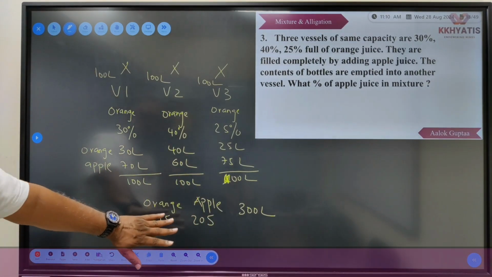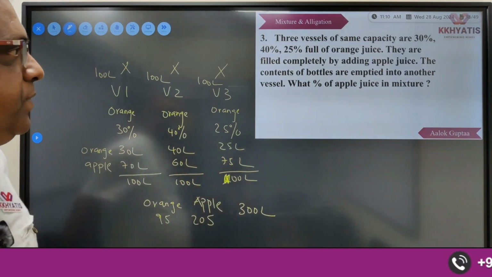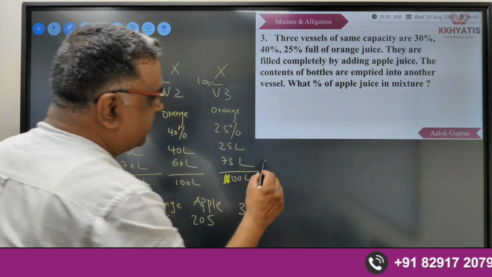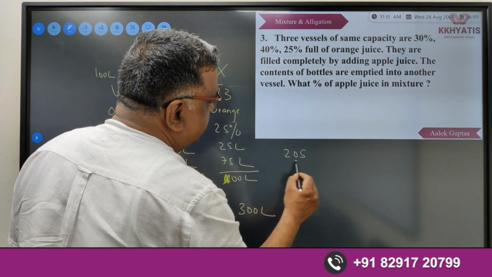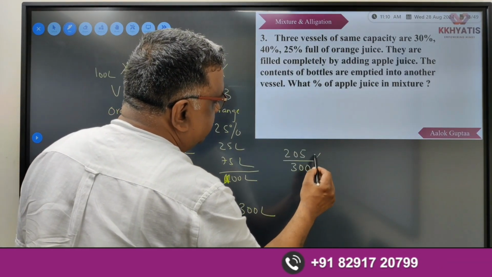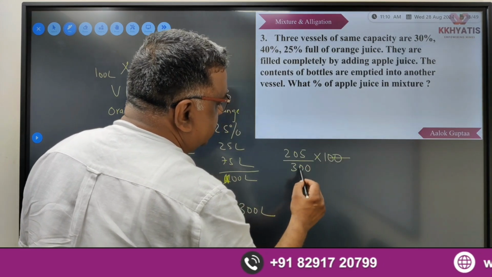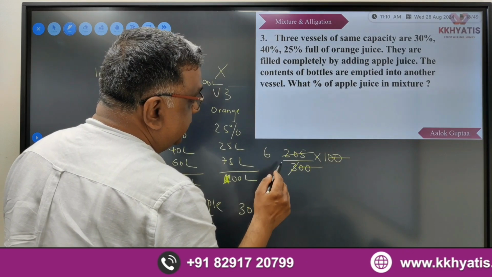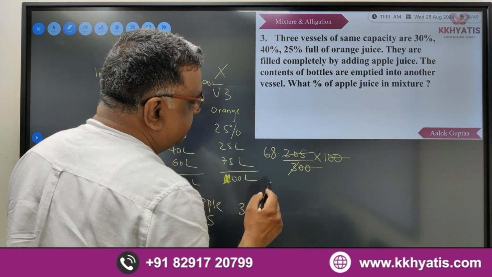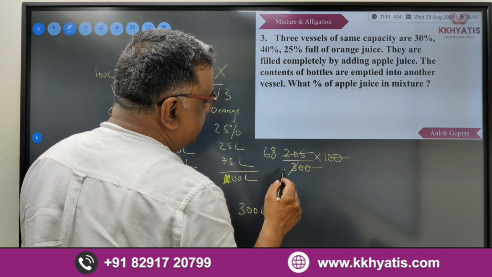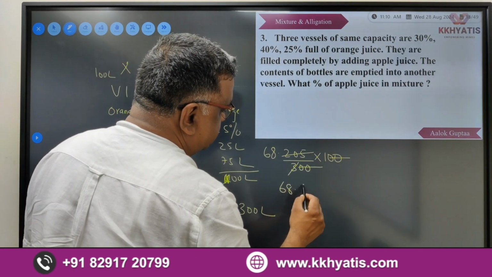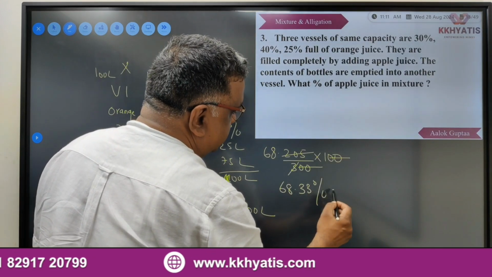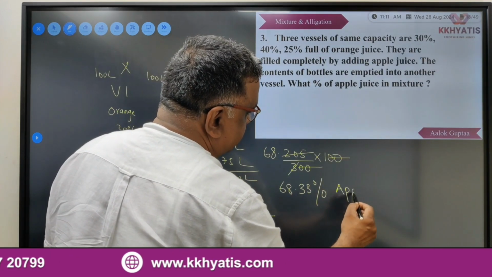So 95 liters is orange, 205 liters is apple. What is the percentage of apple juice in the mixture? So apple juice is 205 of 300, correct? Into 100, we have to find the percentage. So 3, 6, 18, 25, 8, 24, 24, 10 remains. So 68.33% is the apple juice in the final quantity.